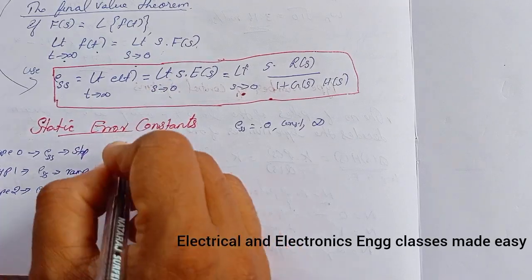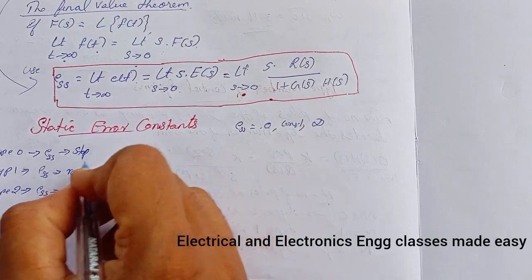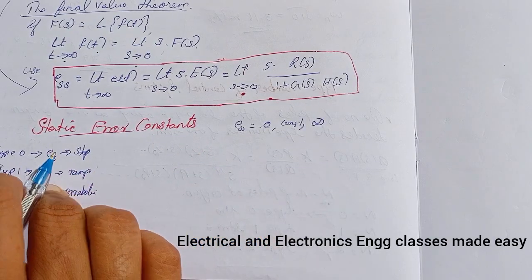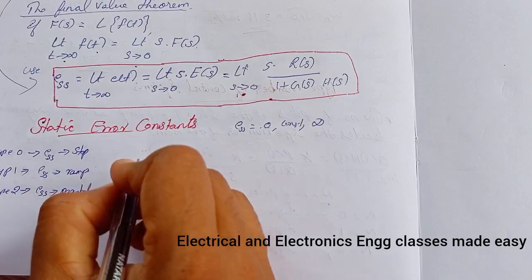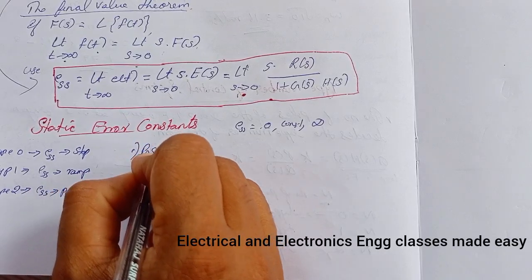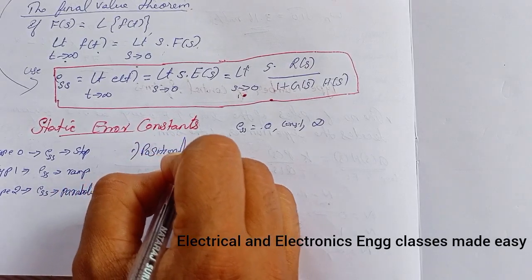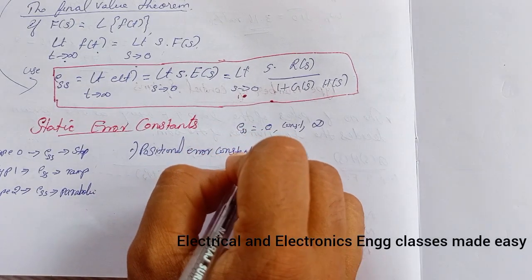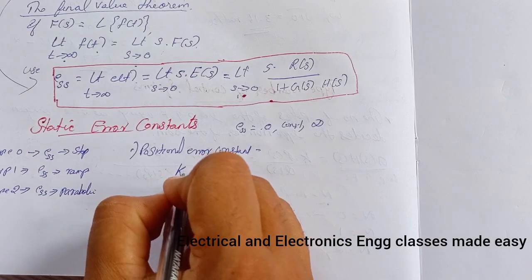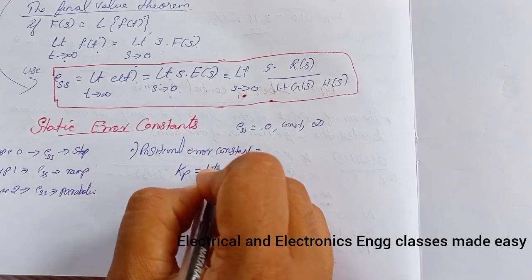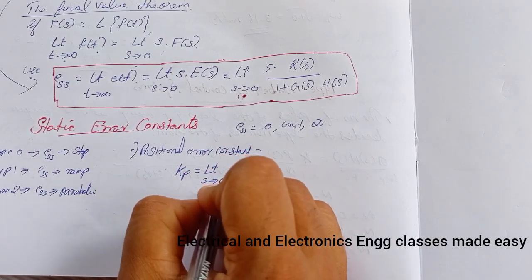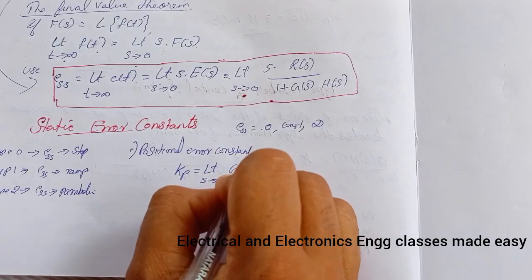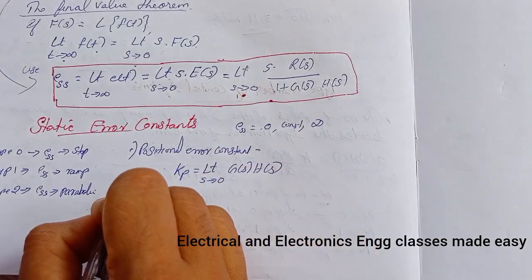The main constants related to the steady state error are the positional error constant, which is defined as Kp equal to limit s tends to 0 of G(s)H(s).